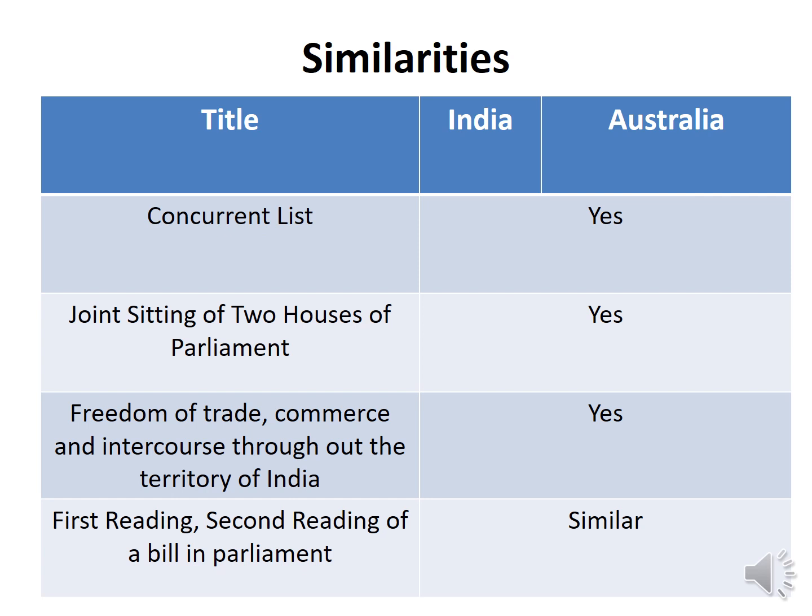And first reading, second reading of a bill in parliament, you already know we have three readings by means of the passage of a bill. The bill goes through three readings: first reading, second reading and third reading. First reading, the bill is introduced in the parliament, and the general clauses of the bill are discussed.